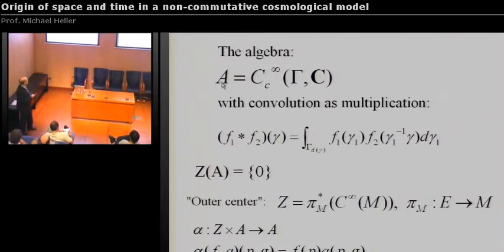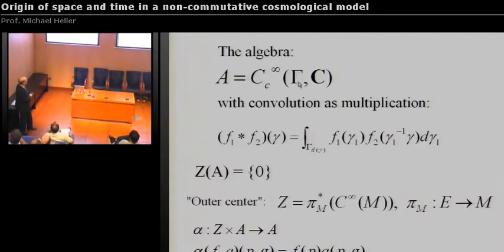So they are complex-valued, compactly supported smooth functions, and since functions are usually multiplied in the standard way, it is a commutative algebra. In order to make it non-commutative, we change the rule of multiplication. And the new multiplication is here.